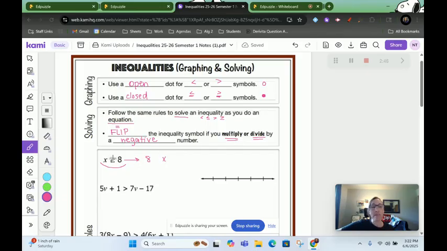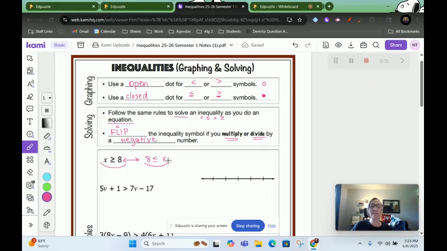We just have to keep that symbol pointing toward the 8. So if it points toward the 8, the symbol is flipped. And that has nothing to do with multiplying or dividing by a negative. That's just what happens if you have a number on the left-hand side instead of the right. So these two mean exactly the same thing, okay?